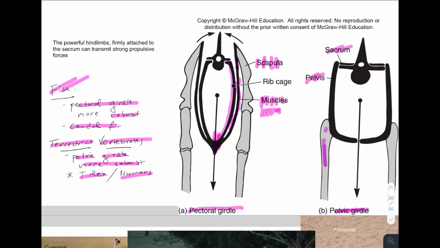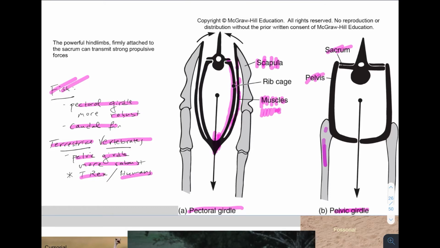Now, the implications for this are less power. So clearly, just take yourselves as examples. Your legs are much more powerful than your arms are, right? Everybody has some intuition of that. On the other hand, that soft tissue attachment gives a lot more flexibility, right? So you can move your arms around much more easily in many more directions than you can move your legs around.